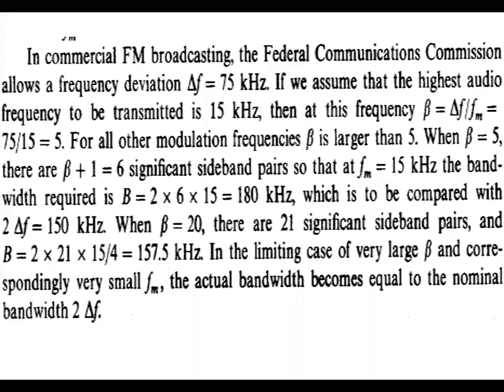So that value is substituted here, 15 by 4 is also 3.75. Now 2 into 21 into 3.75 is 157.5.